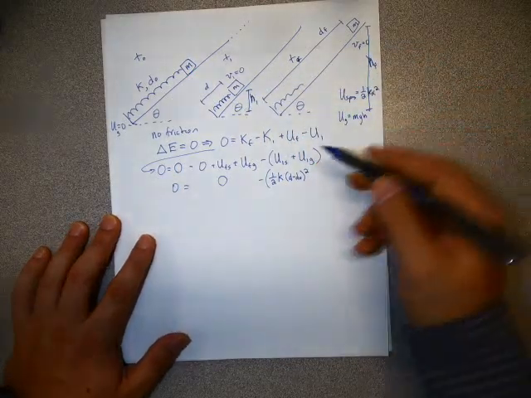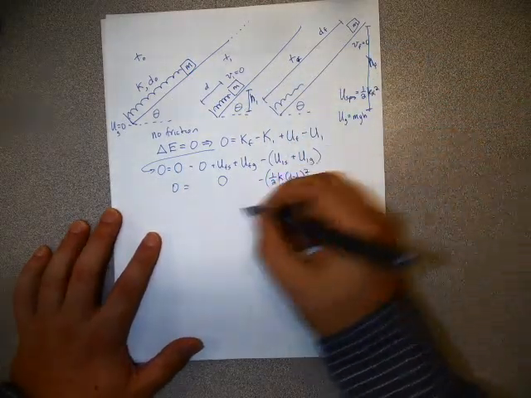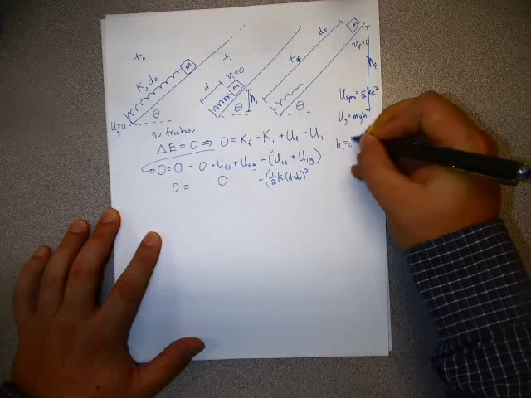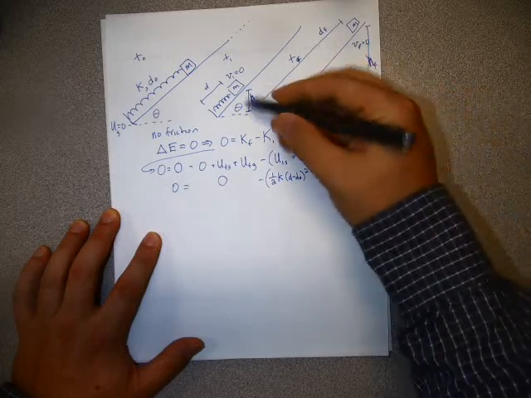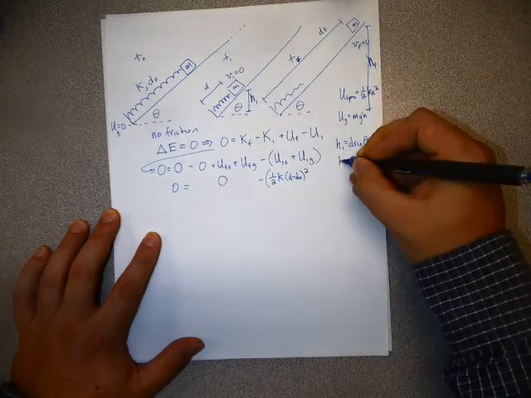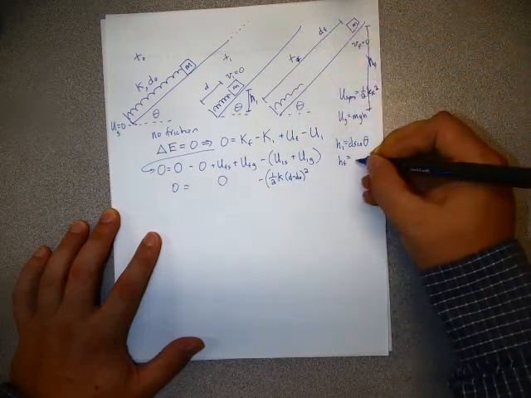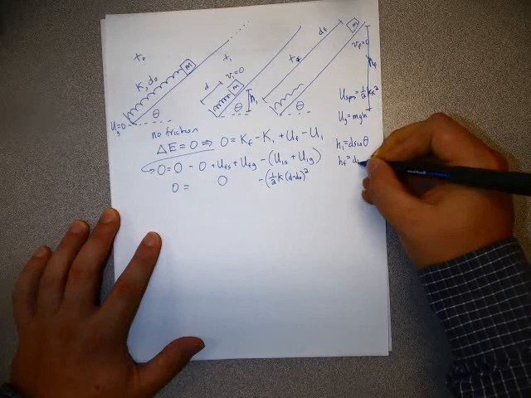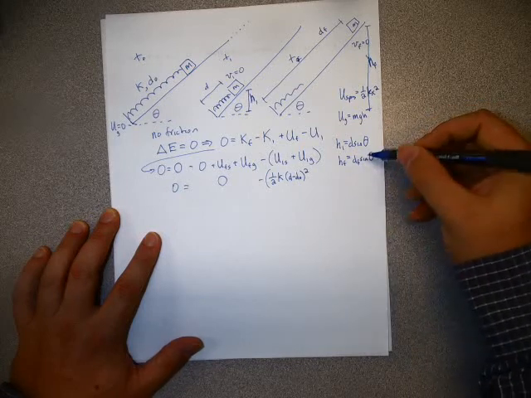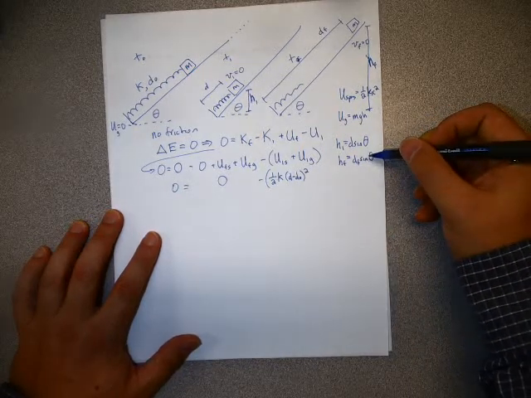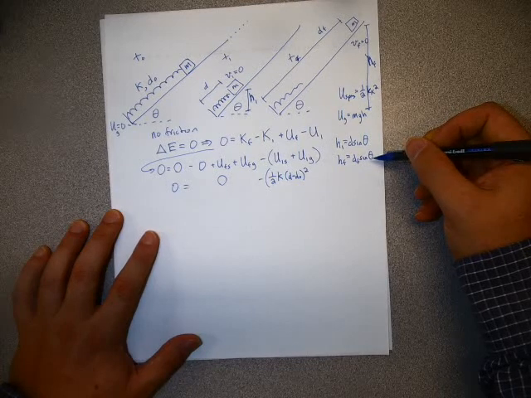See that? Okay. So h1 equals d sine theta, and here h final is equal to d final times the sine of theta. Does that look right? Okay. All right.